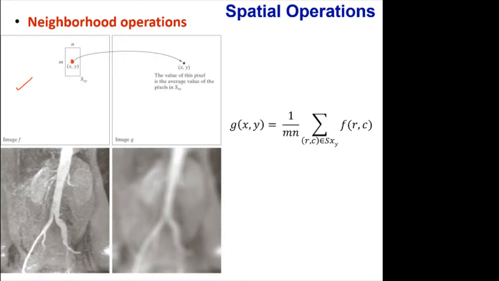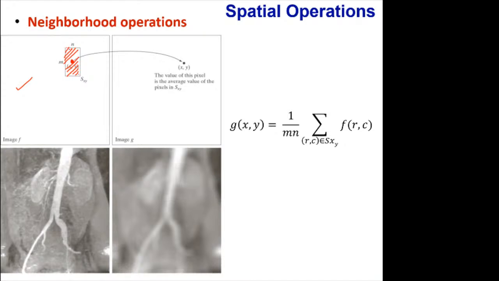To change the intensity of this pixel, we will consider many pixels around it, the pixels lying in this whole area, and based on their intensities we will change the intensity of this center pixel.